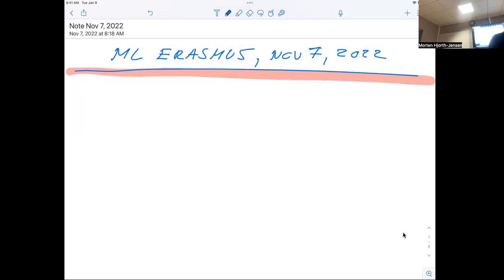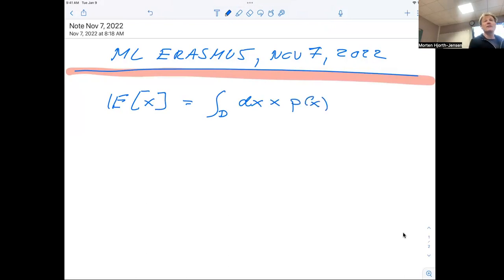If you want to calculate an expectation value of a quantity like a variable x, we know that if we have a continuous function and the probability distribution, over the domain D where x is defined, then this is given by the probability distribution and an integral. You're familiar with these kinds of expressions, right?